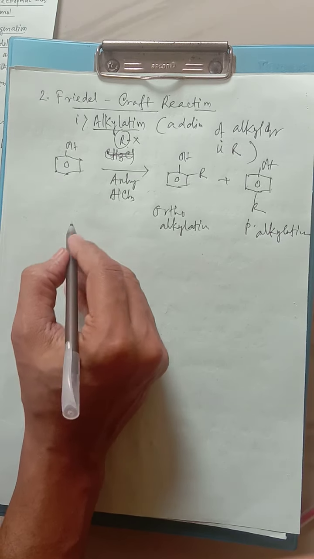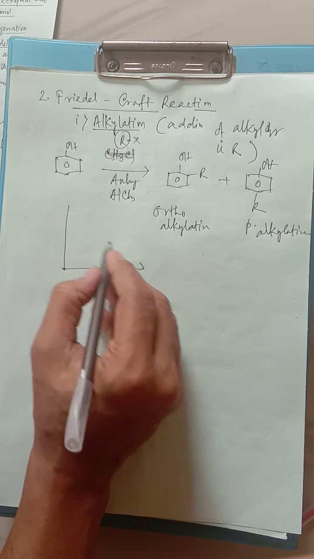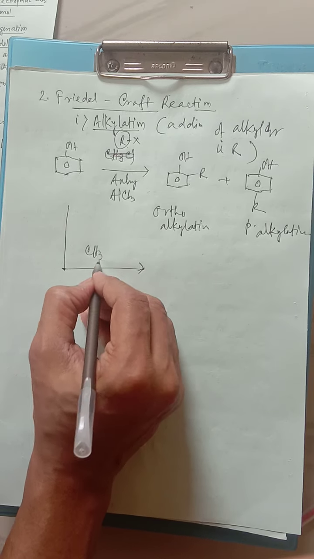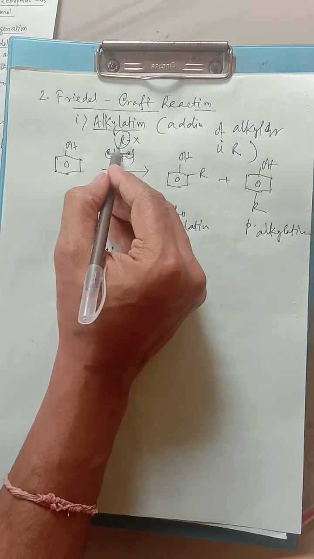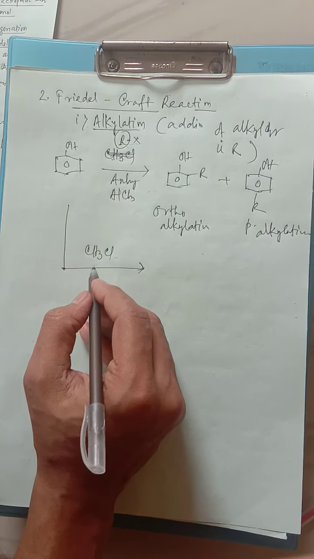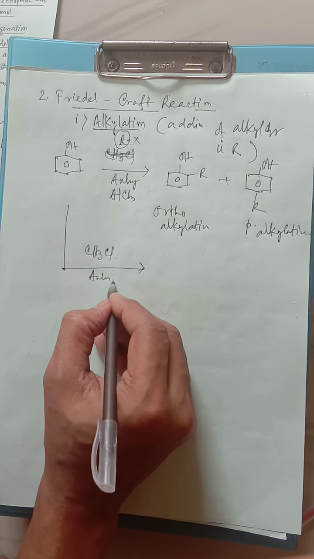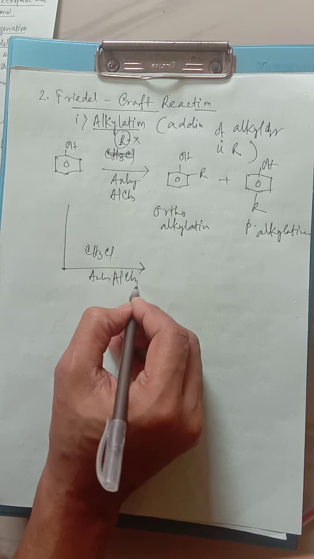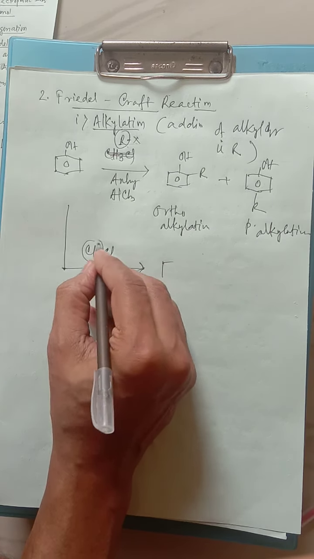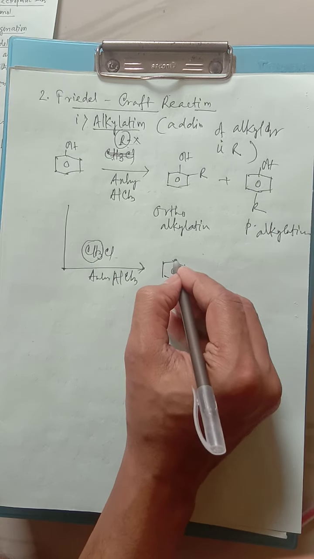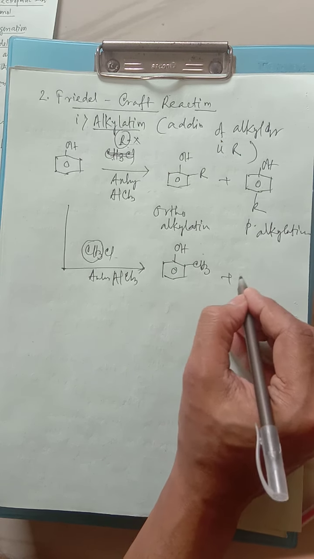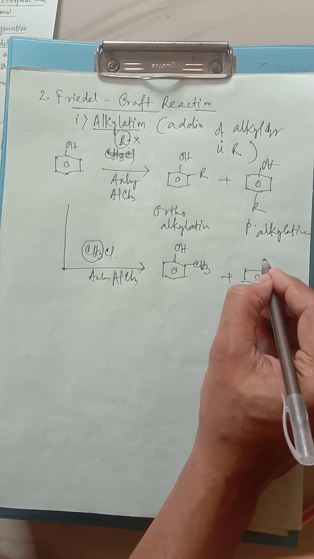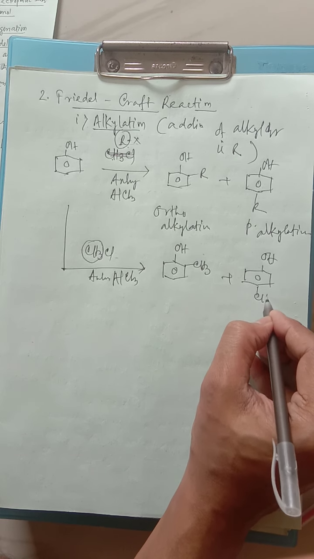So ortho and para isomers. I am writing an exact equation over here. CH3Cl is used. A particular compound I am using in place of RX. It is a general one I have used. Anhydrous aluminum chloride is taken here. This is the R group. So obviously the product will be OH, and here it will be CH3, and here it will be CH3.